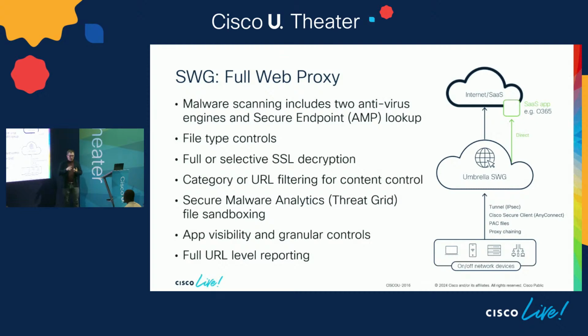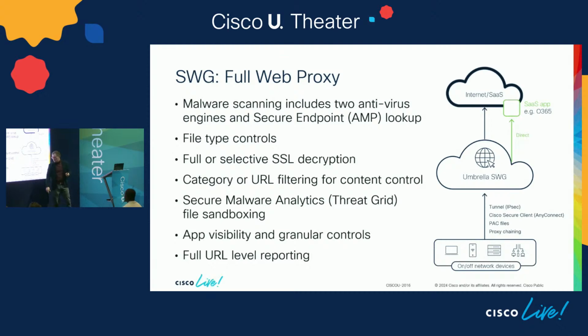We have support for full or selective SSL decryption, meaning that Umbrella can look into the encrypted web traffic. We have support for content category blocking, URL filtering. We have app visibility report that will tell me which web applications were seen in my network.